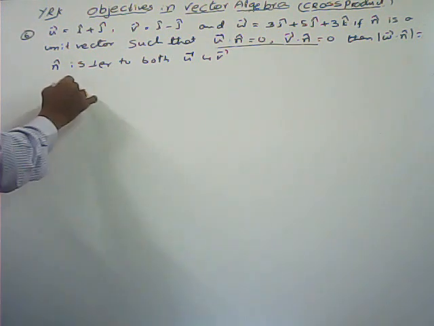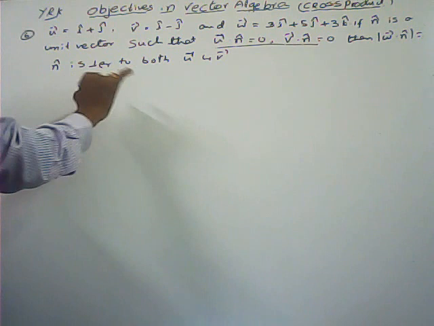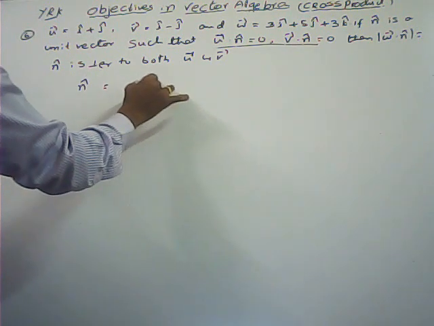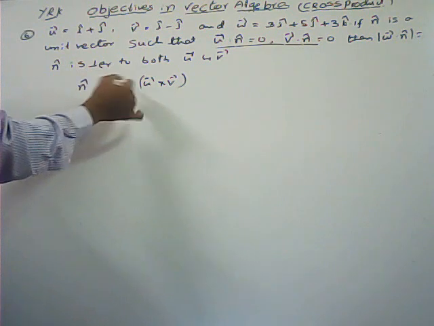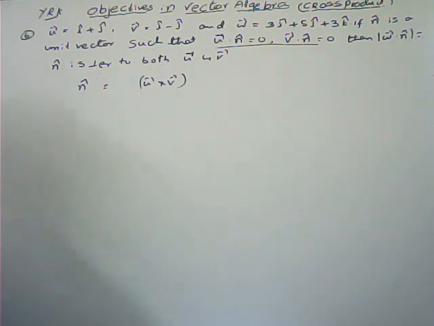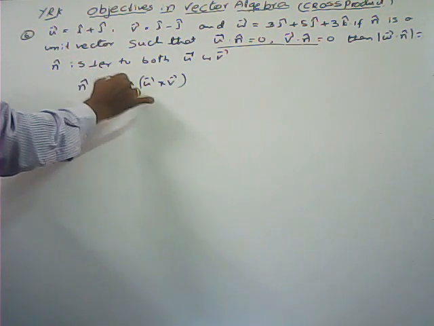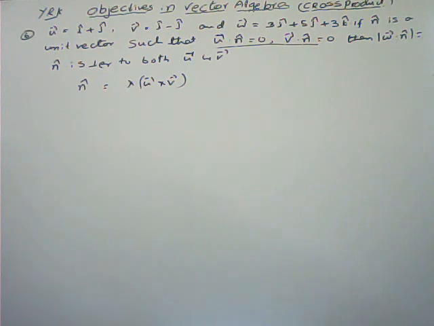So n cap is in the direction of u bar cross v bar, and here we don't know the magnitude. So n cap equals lambda times u bar cross v bar.